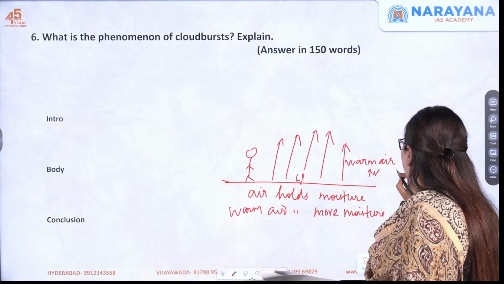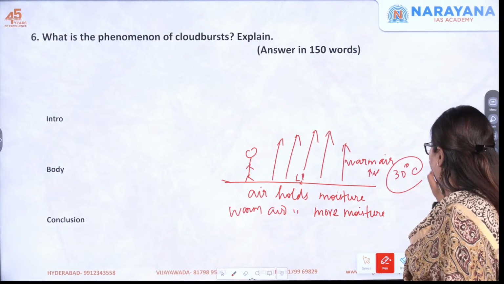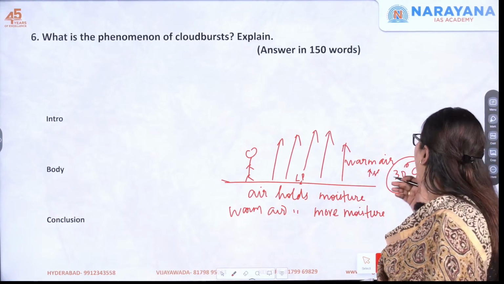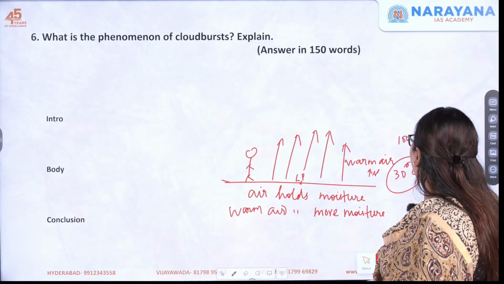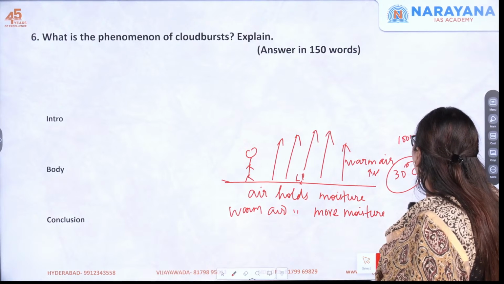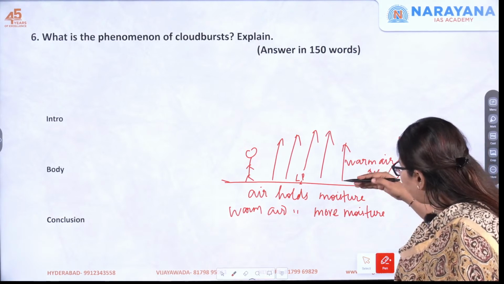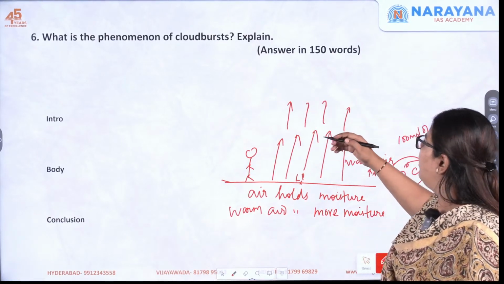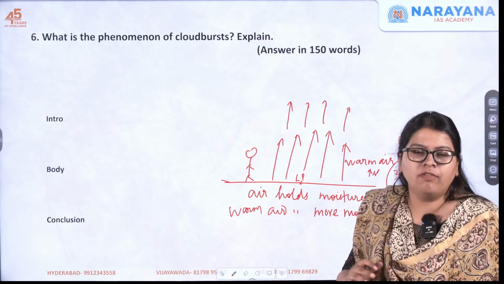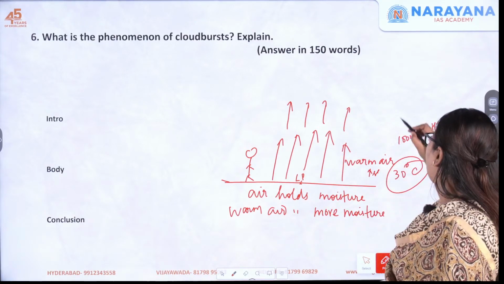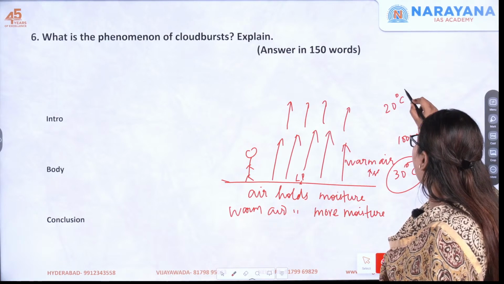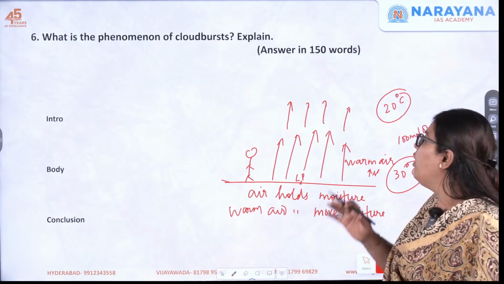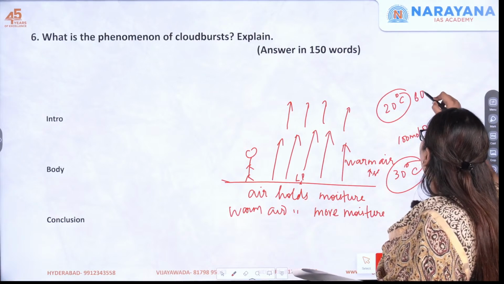For example, if the temperature of this place is 30°C, and the air constitutes, let's say, around 100 molecules of water. Now as the air rises and reaches the upper atmosphere, the temperature of course decreases. So at 20 degrees, the air that contained 100 molecules of water will contain only 60 molecules of water.